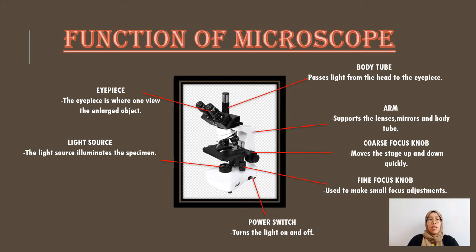Next is coarse focus knob. Move the stage up and down quickly. Use it to find a specimen when using the low power objective. Next is fine focus knob. Use it to make small focus adjustments when using the high power objective.